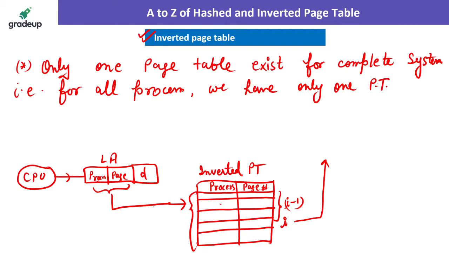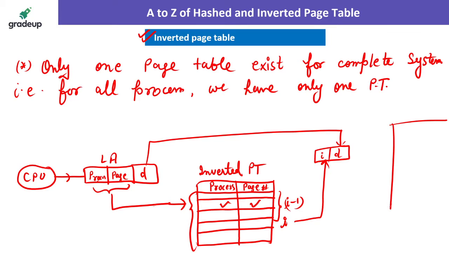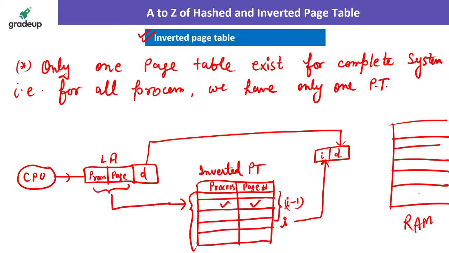That means I have to check both this one and this one, and only then will I take out the i value, the index value, and the D value will be mapped the same. Only then will I get the physical address, and this is my RAM. So now I will map it, and this is known as the physical address. So this is the inverted page table, right?